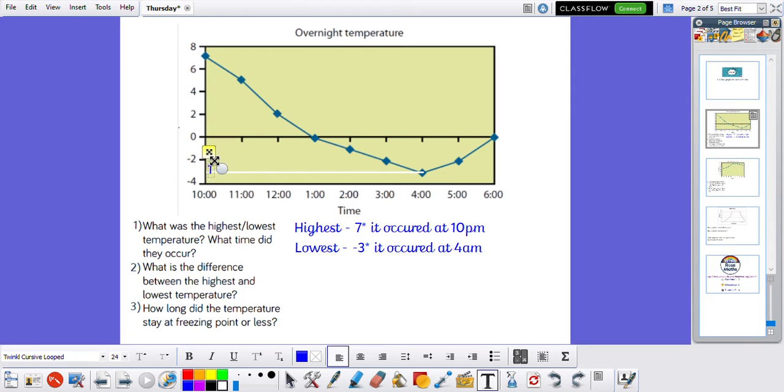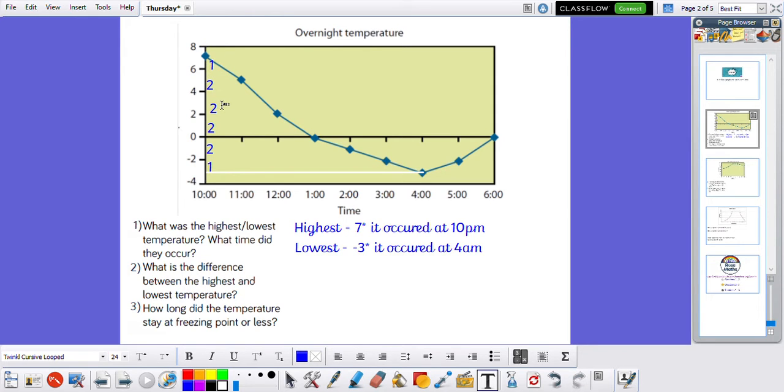So I've got 1 degree. Then from between -2 and 0, I've got 2 degrees. Then I've got another 2 degrees from 0 to 2. Then another 2 from 2 to 4. Then another 2 from 4 to 6. And then from 6 to 7, I've got 1 degree.